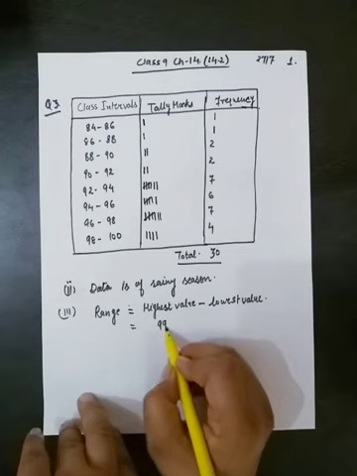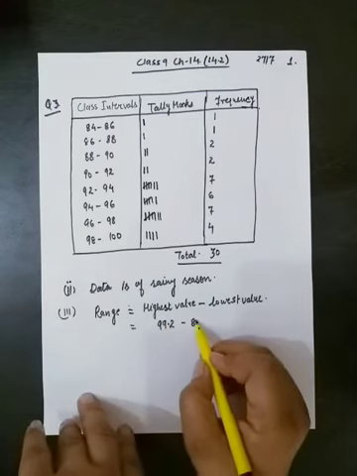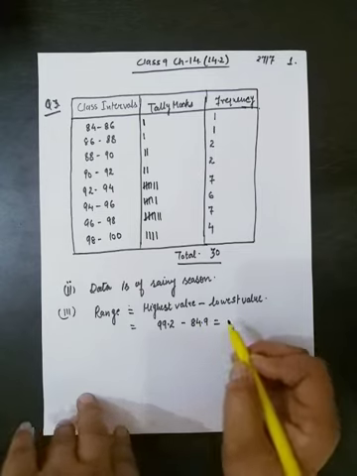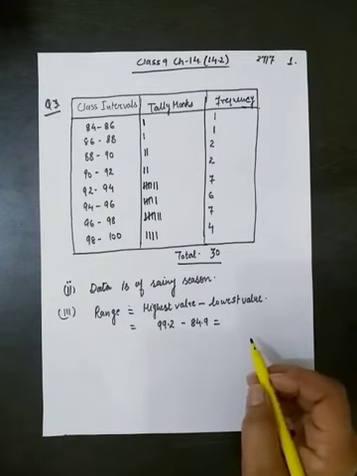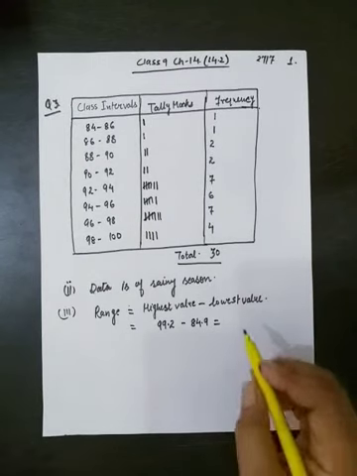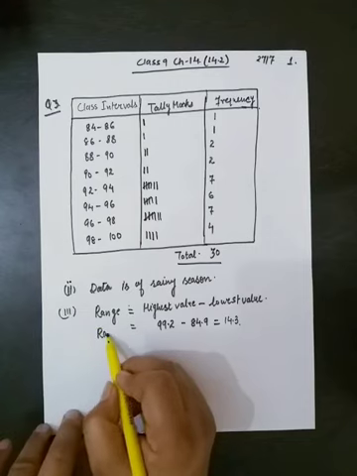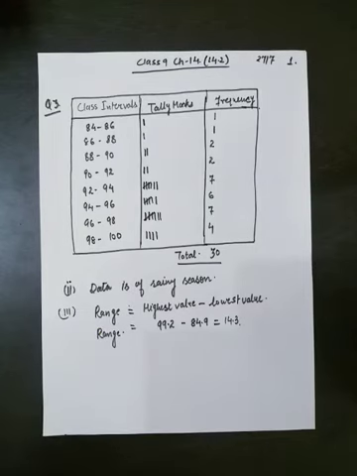The highest value is 99.2 here and the lowest value is 84.9. So subtract these two values and you will get the range of the data, which is equal to 14.3. So therefore the range is 14.3.